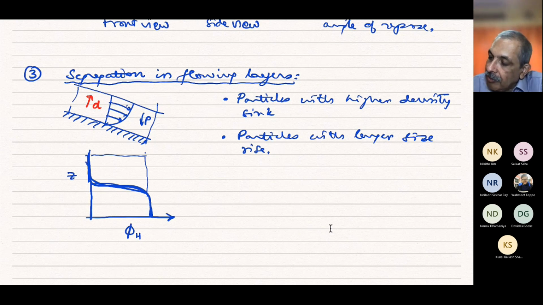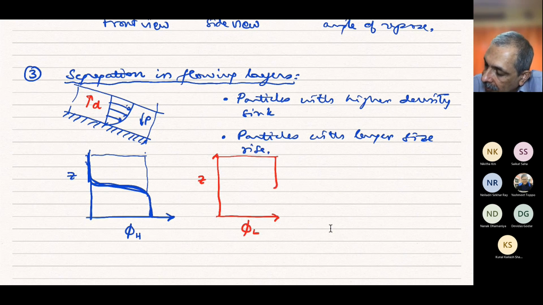And similarly, if you made a plot of the volume fraction of the large particles versus the height, then you will get essentially something like this, where you'll have a mixed zone somewhere in the middle, and then at the top you'll have only large particles, and in the bottom zone you will have no large particles.